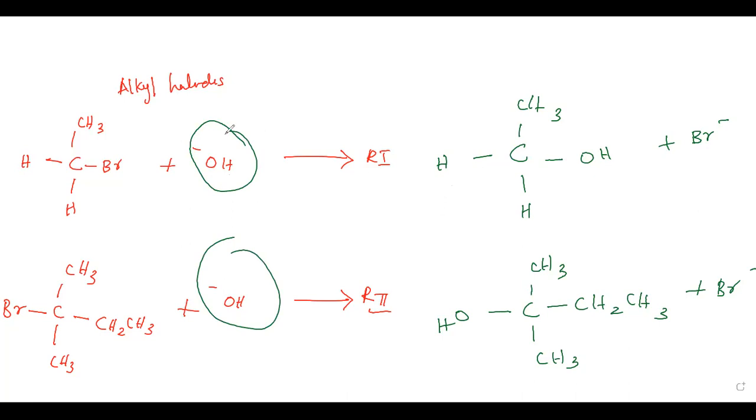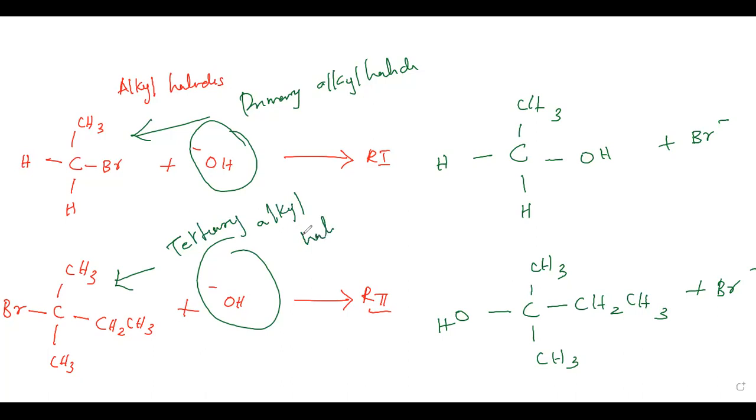The reaction difference is that this is the primary alkyl halide, and this is the tertiary alkyl halide. For the primary alkyl halide, primary means there must be 2 hydrogen, how can it be 3?